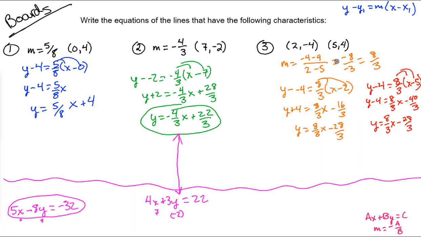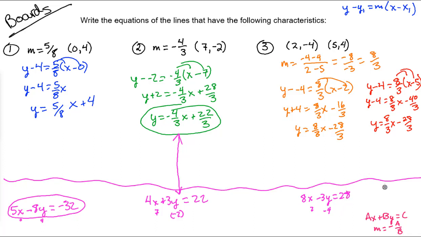Let's do it over here. The slope is 8 thirds. It would have to be in an 8x minus a 3y to get a positive 8 thirds slope. And let's stick in the point 2, negative 4. 8 times 2 is 16, minus 3 times the negative 4, that's plus 12, is 28, using no fractions.